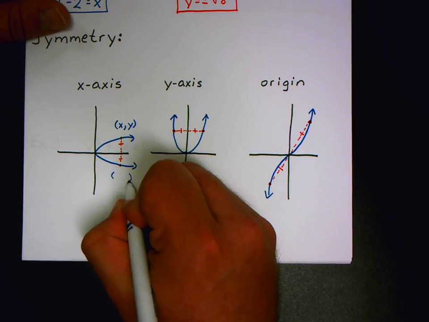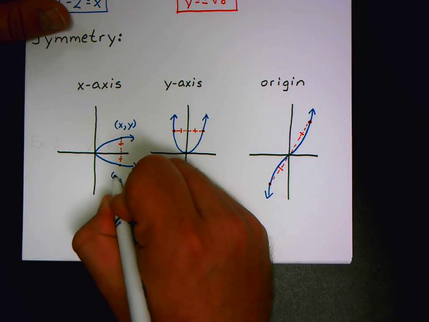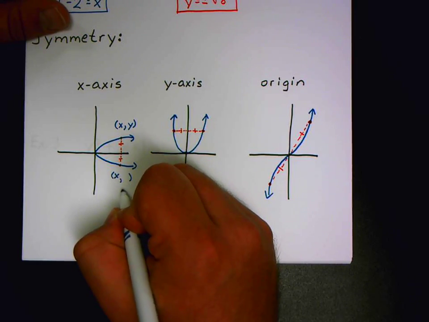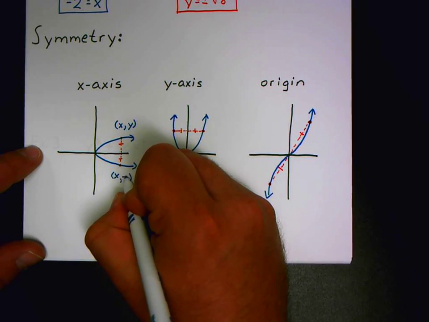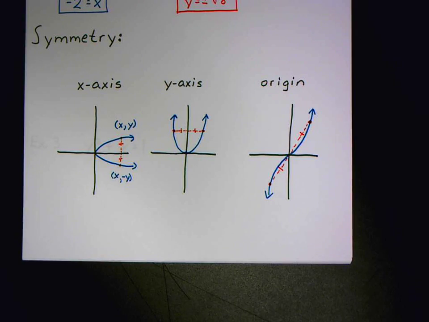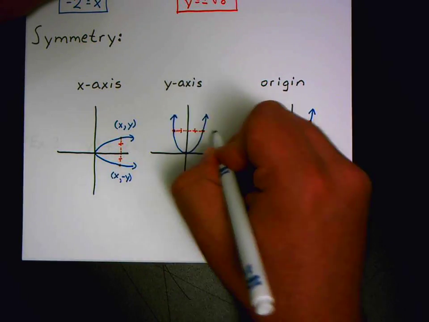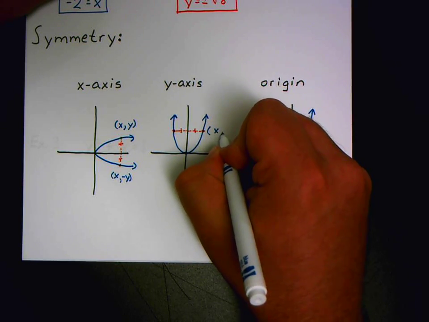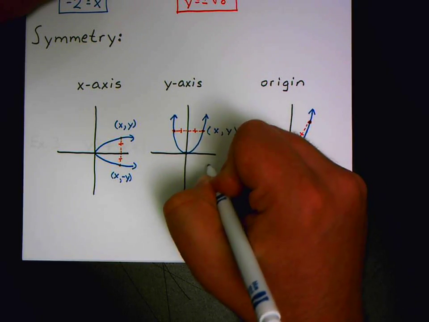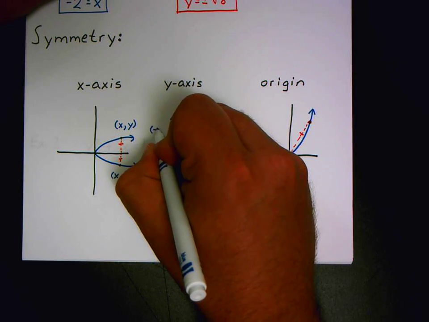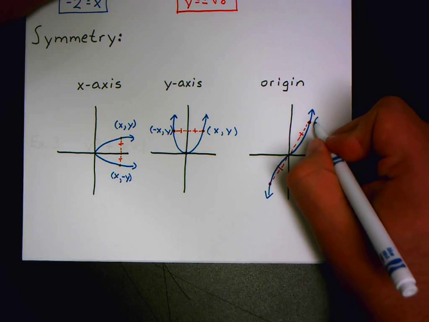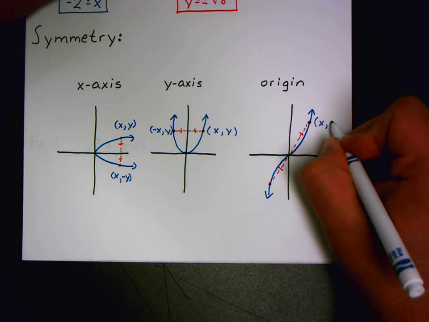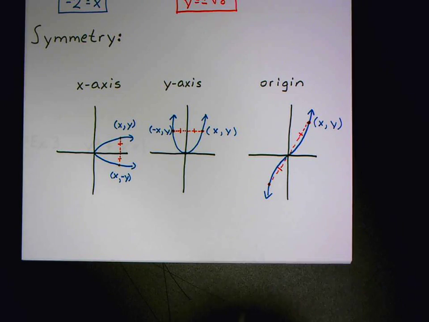The x. Okay, and the y, how is the y different? It's just negative. Okay, and same sort of thing happens here, right? If this is xy, what's my other ordered pair? Negative xy. Okay, what do you think this one is? Yeah, negative x, negative y.